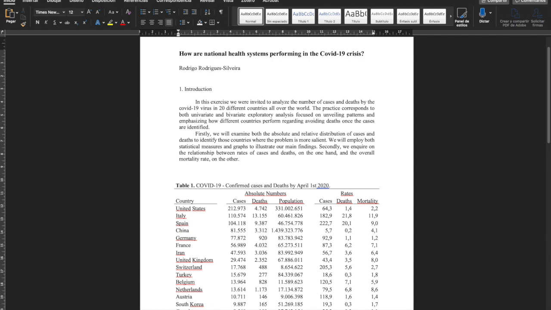So I have the methodology. In this introduction, what I do is I just explain a little bit the exercise and how I did it.